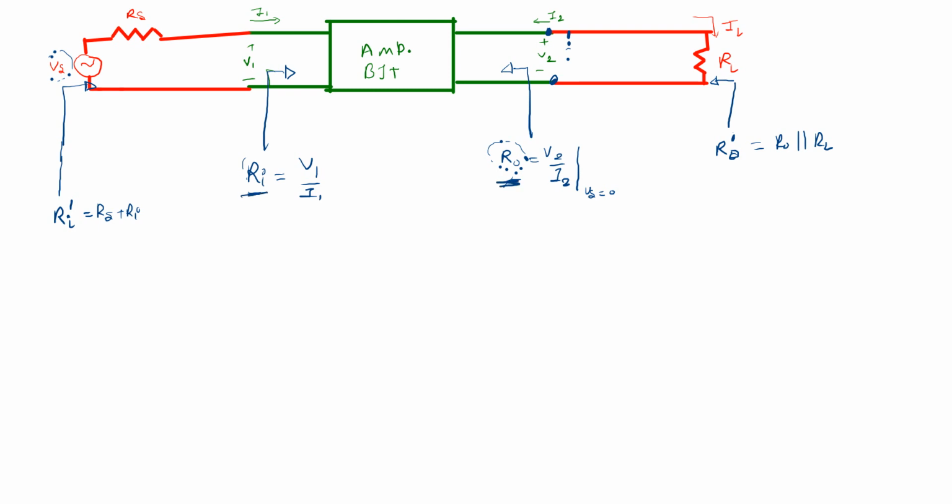All right, and 2 more internal parameters we need to calculate here by using the hybrid model. This is the AI and this is the VI. Okay, what is the AI? Is the current gain, and what is the VI? Is the voltage gain. So how do you find the current gain and voltage gain? As we know, the forward current gain, output forward current gain, that is not the forward current gain.